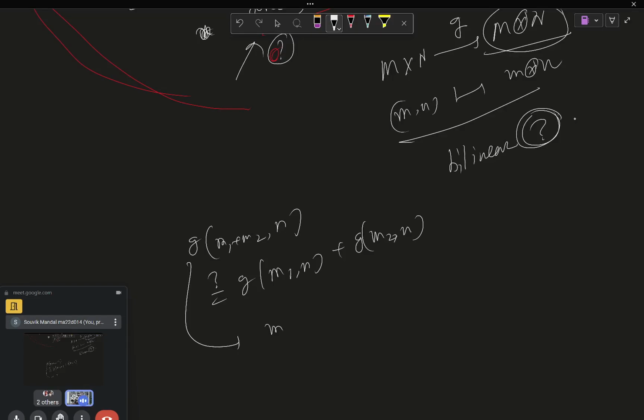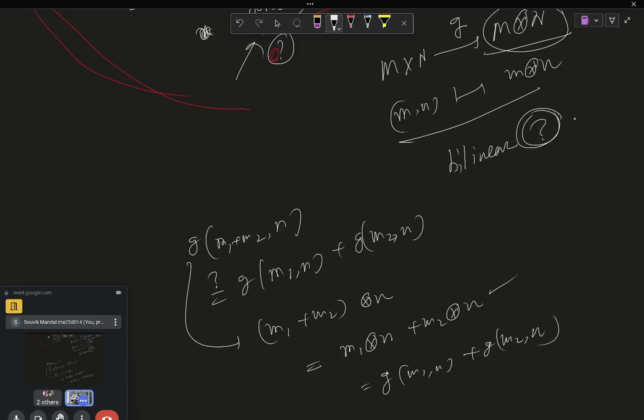By definition this is (m1 plus m2) tensor n, which is m1 tensor n plus m2 tensor n, as we just saw, and this is g(m1, n) plus g(m2, n). So this relation is satisfied. Do you understand?